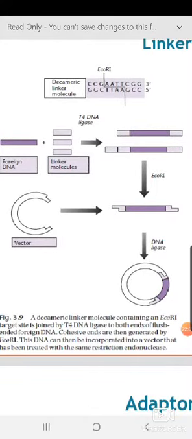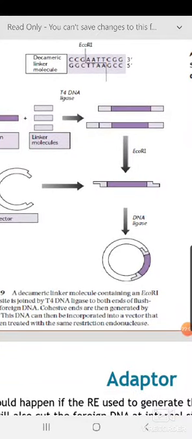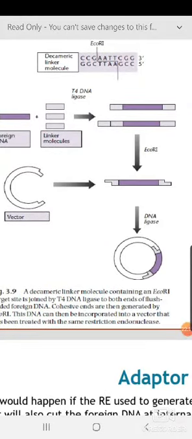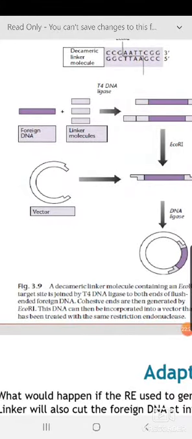Now the question is, if you want to take only the foreign gene of interest, how are you going to do it? Generally, at the site where the linker and the vector are joining, another restriction site will be generated. With the help of that, you can take your foreign DNA.